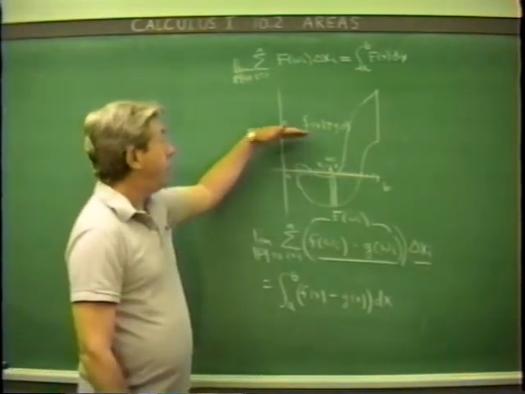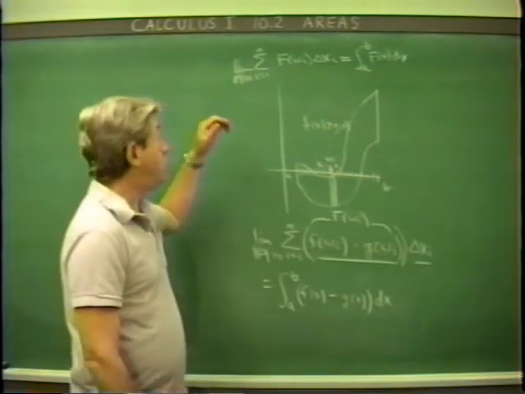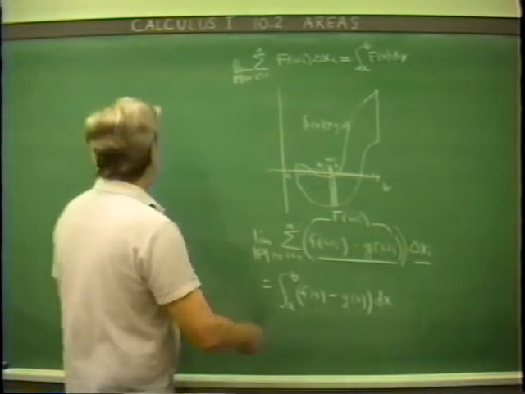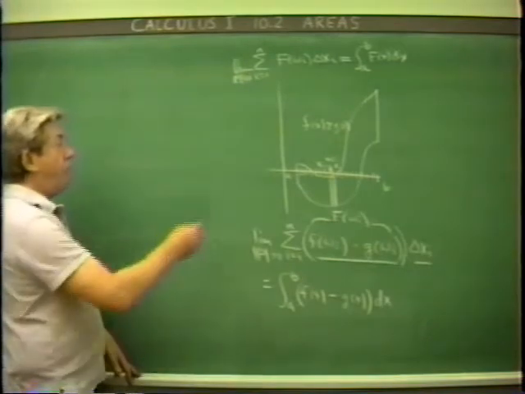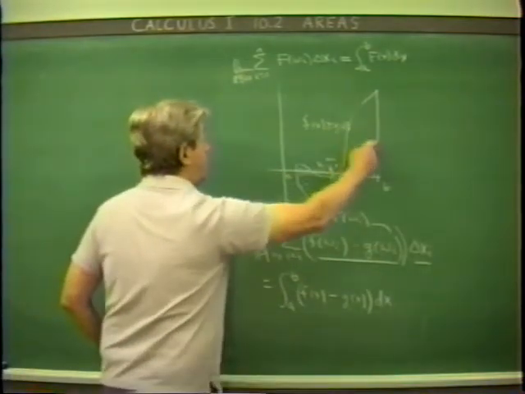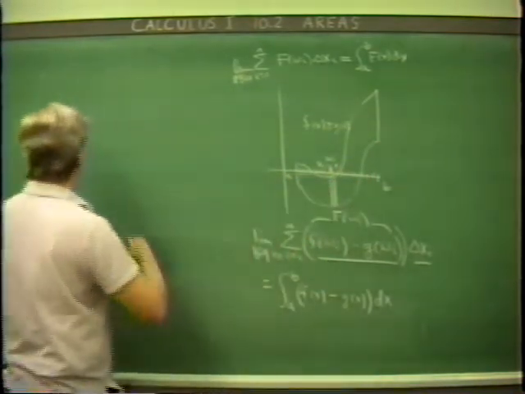This would have been more apparent if f of x and g of x were both larger than 0, because then you could visualize that you take the area under f of x and subtract from it the area underneath g of x.